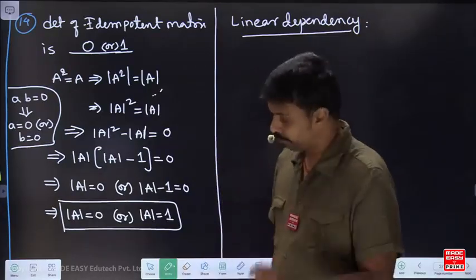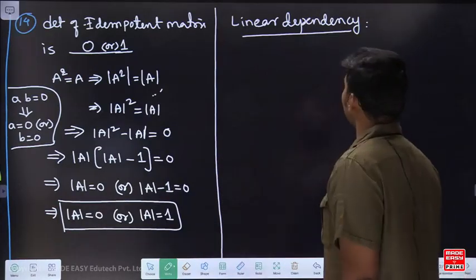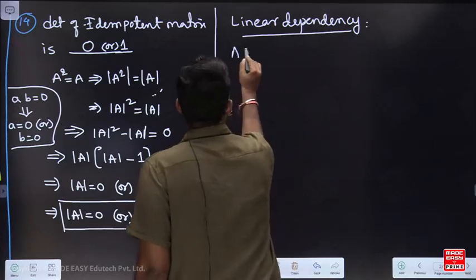Okay, right. What is linear dependency? Let me write here.